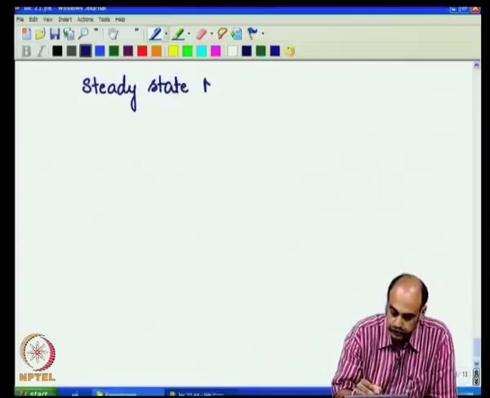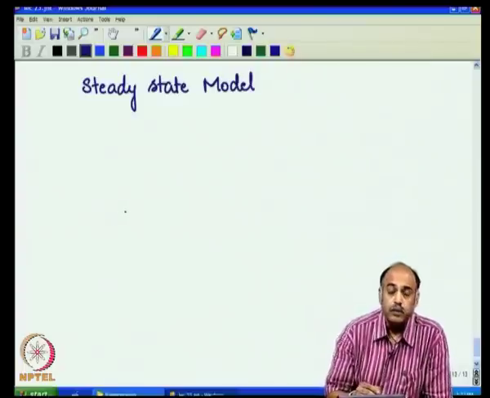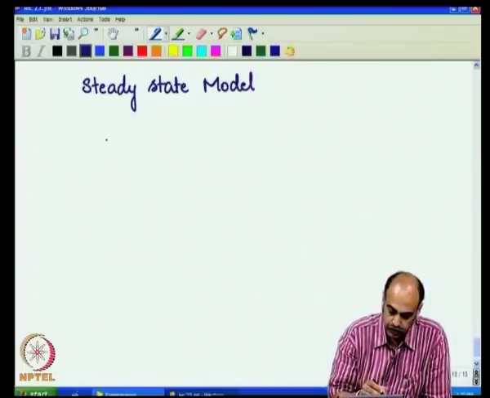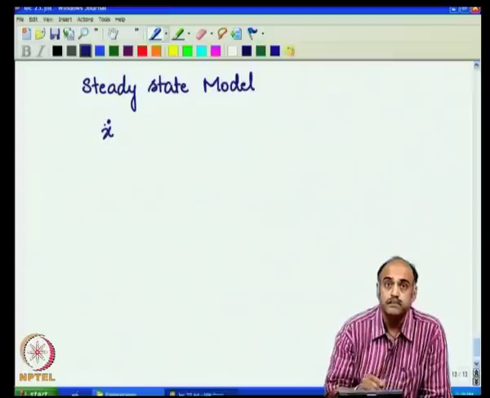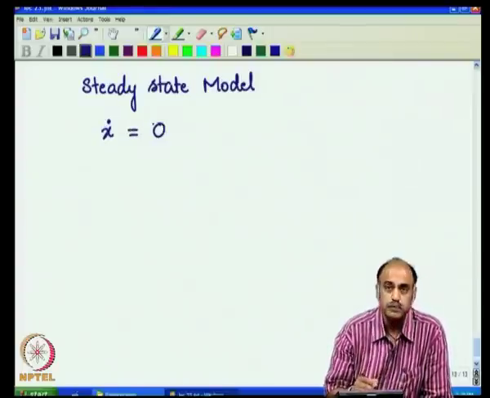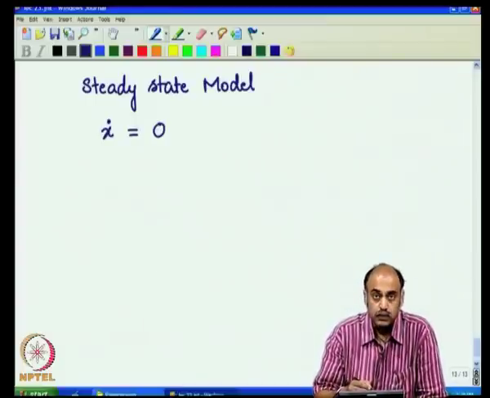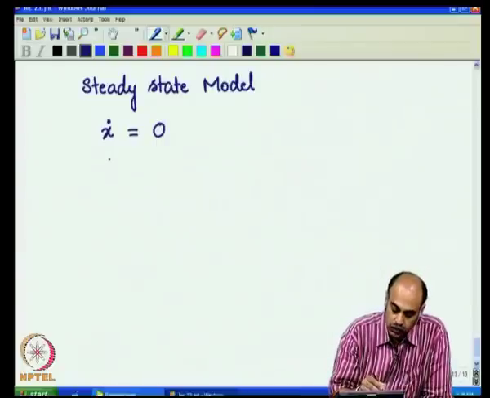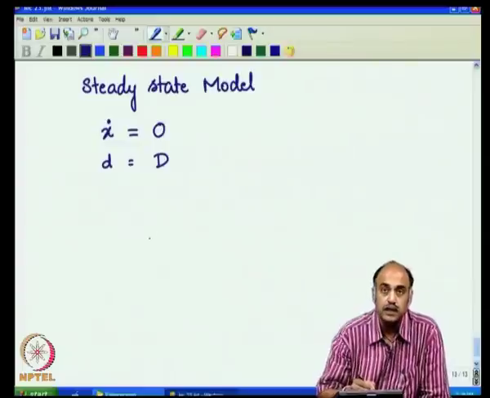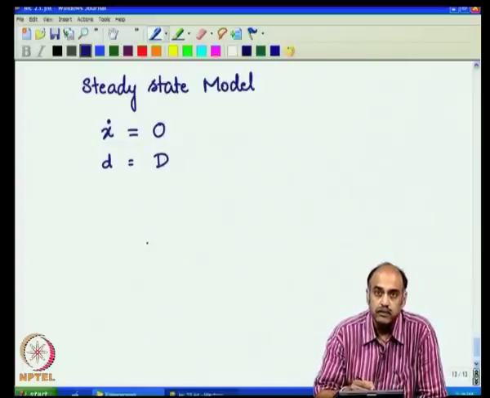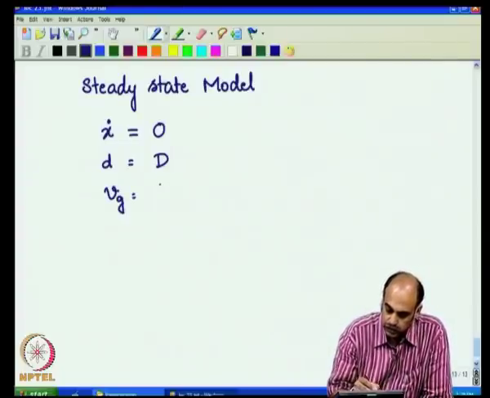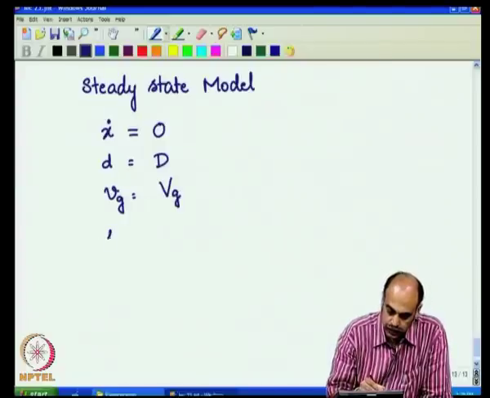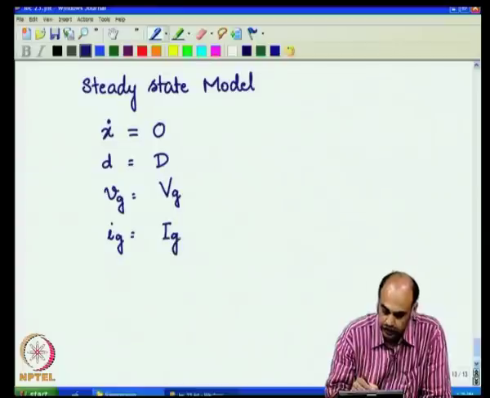Steady state model can be obtained in a simple way, wherein all the derivative terms, all the x dot terms will become 0, which means in the steady state, in the equilibrium state, you do not have the derivatives, and all the variables will take the uppercase forms, that is d will settle at an uppercase D. This is the equilibrium condition of the D. And likewise, Vg will become Vg, Ig becomes Ig, and so on.